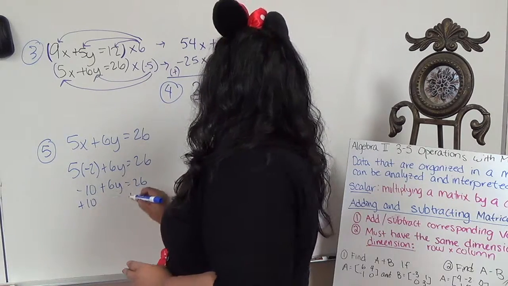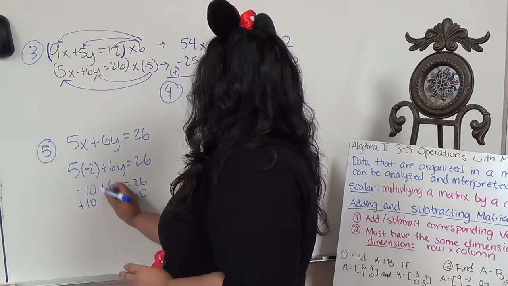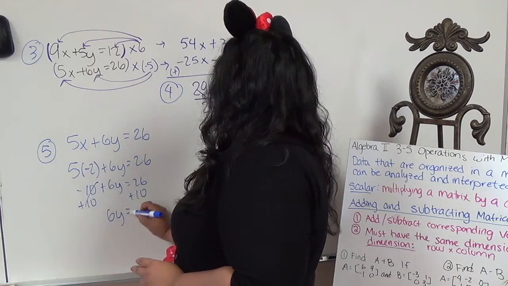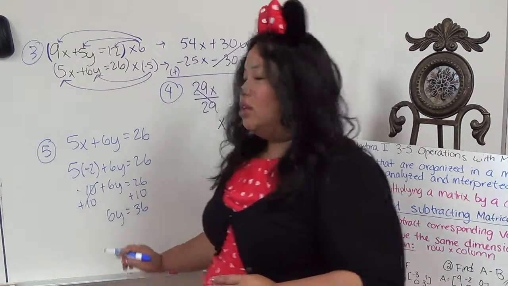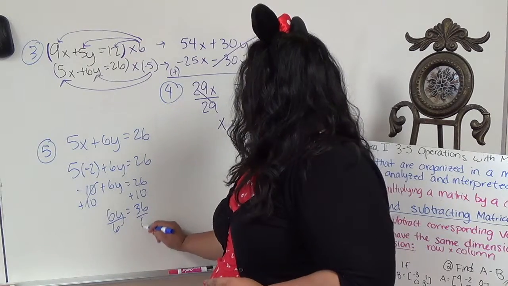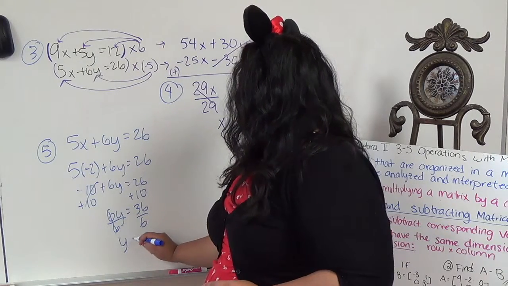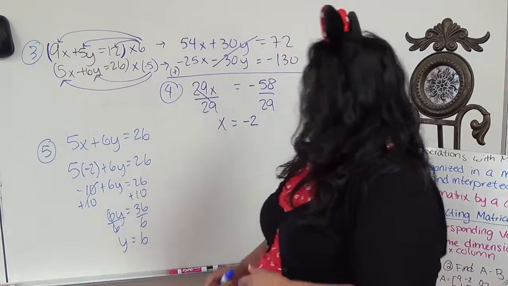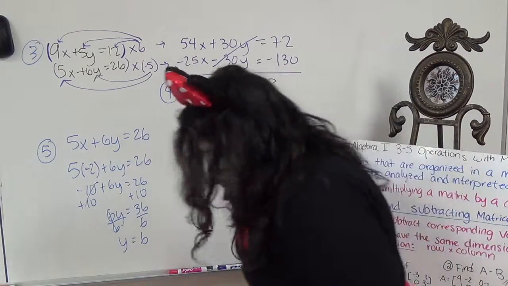Add 10 to both sides. And I end up with 6y equals 36. Okay? Divide both sides by 6. I end up with y equals 6. Now I have 2 variables.